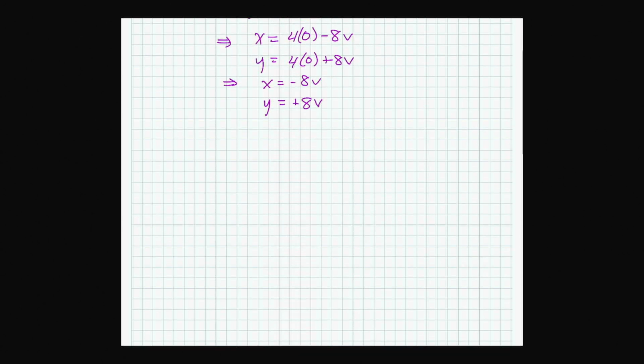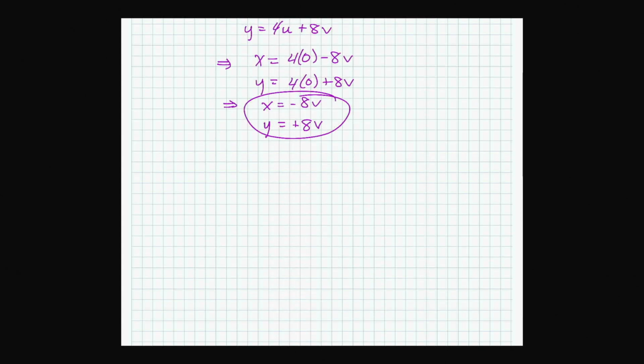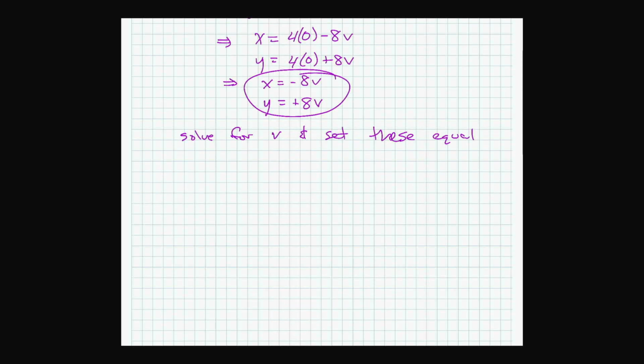Then what you can do is solve for v on these and set them equal to each other. On the first one, if x equals negative 8v, then negative x over 8 equals v.